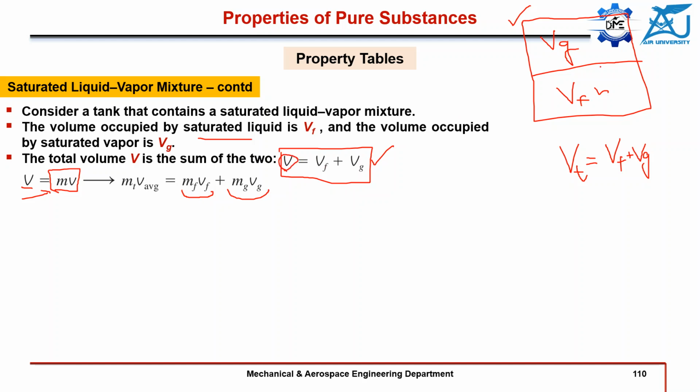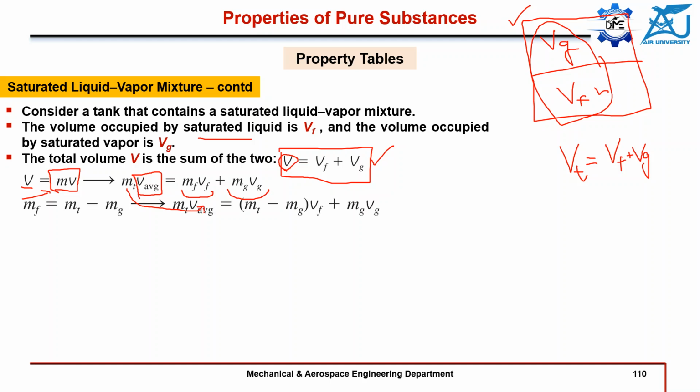It will be the total mass of g plus f. This means the total mass of the liquid and vapor phase times the average volume. Now our target is to find out this V average. This is our target.